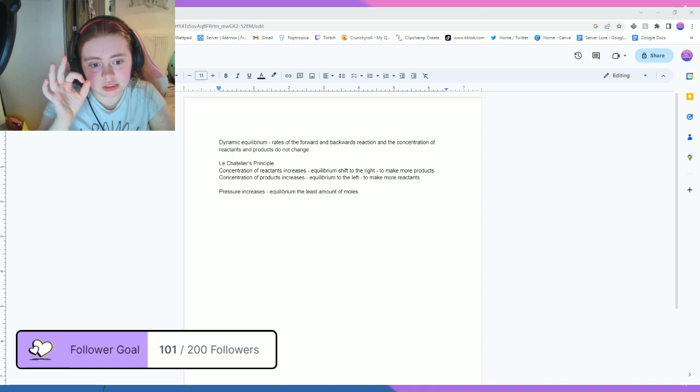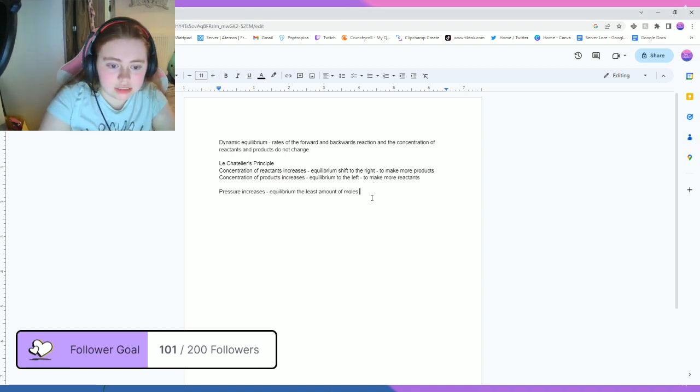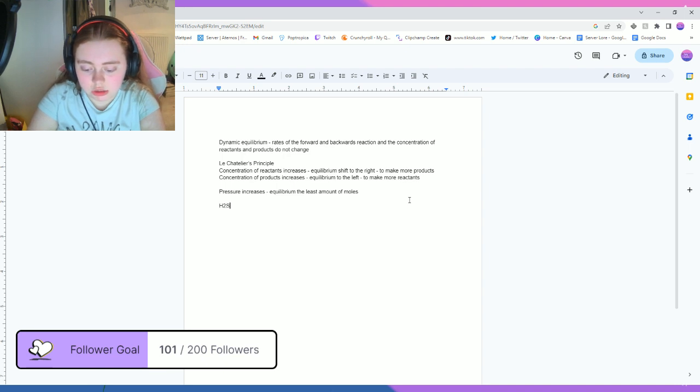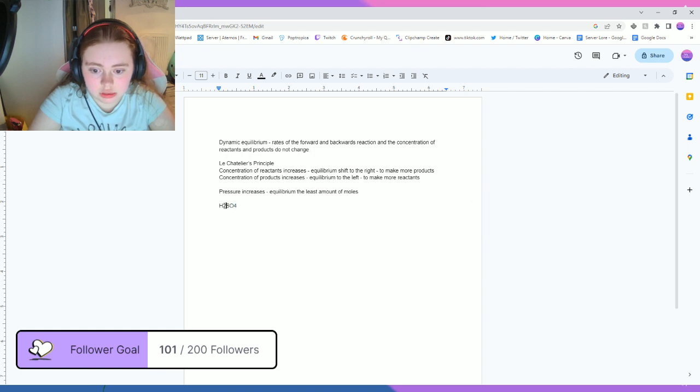Okay, I'm not gonna go too much into it, but basically you'll have H2SO4. This compound will have 4 oxygens and 2 hydrogens. If you put 2 in front of that, that's just times 2 of every single thing.